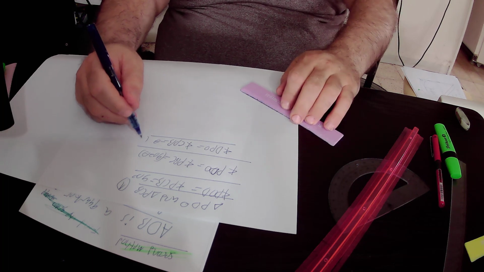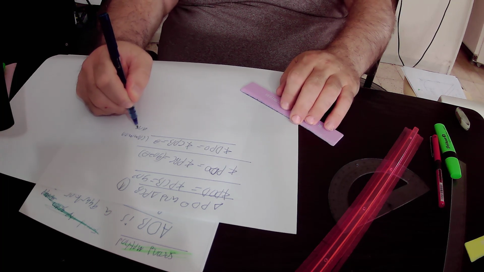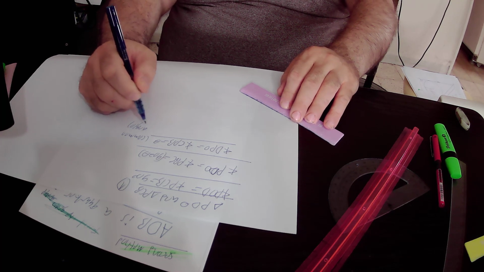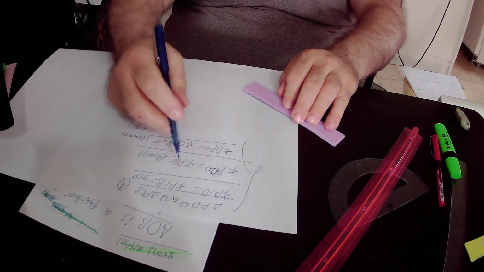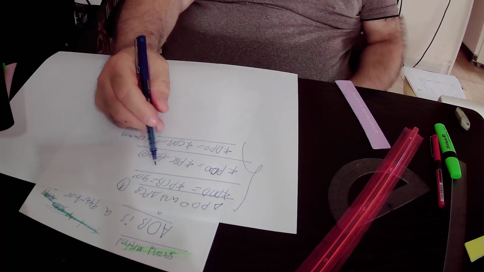That is to say, it is a common angle that belongs to both triangles. So actually we proved that all the angles of triangle PDO are equal to all the angles of triangle PCB.